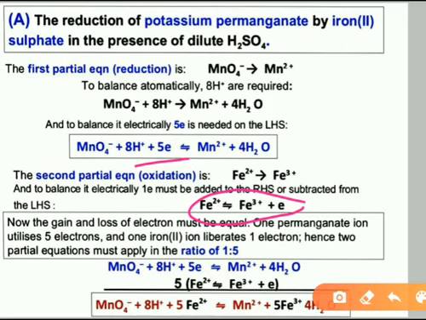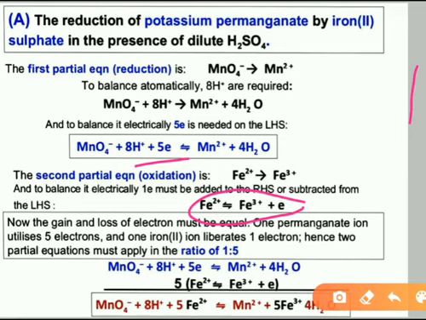One permanganate ion utilizes 5 electrons, and one Fe2 plus ion liberates 1 electron only. Hence, the two partial equations must be applied in the ratio of 1:5, so we have MnO4 minus plus 8H plus plus 5 electrons gives Mn2 plus plus 4H2O.